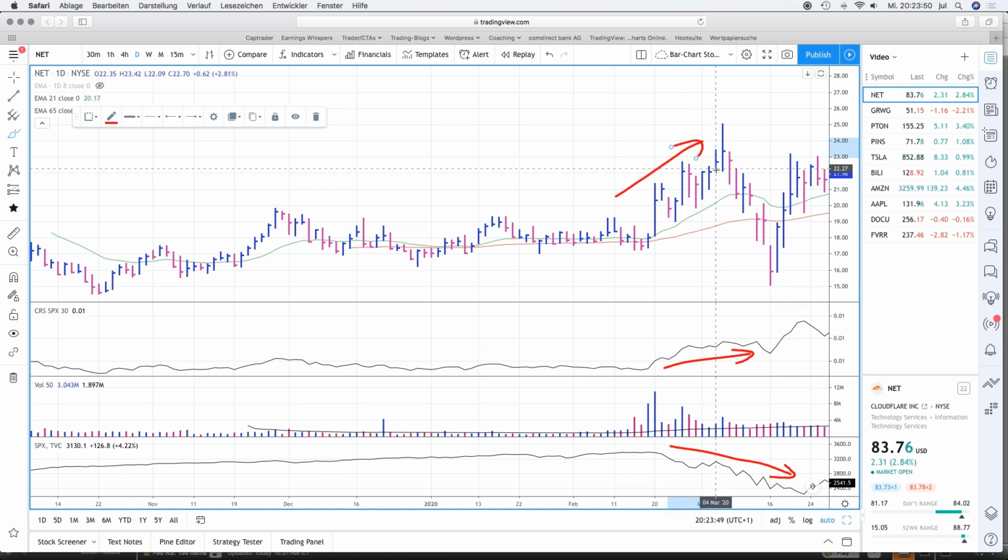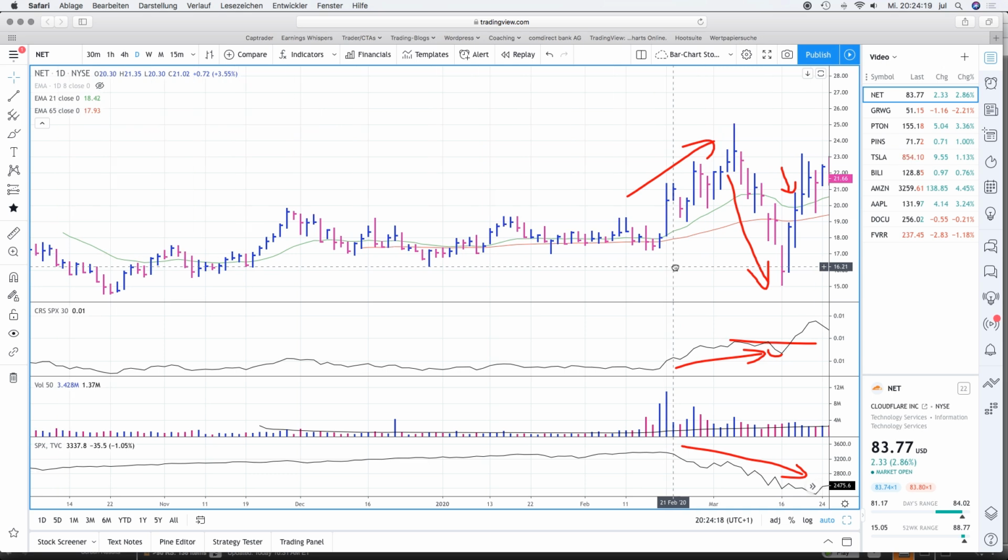Then the stock made a correction, and in that time the RS line did not mirror the correction. It was only a very small dip here. And then on this bar here, the RS line was already at a new high.